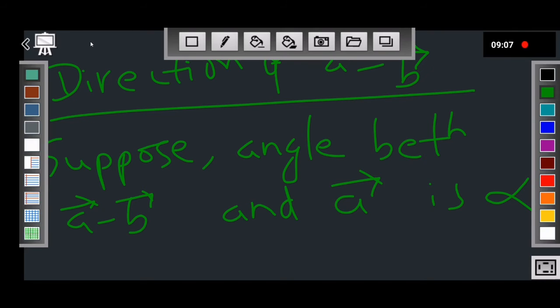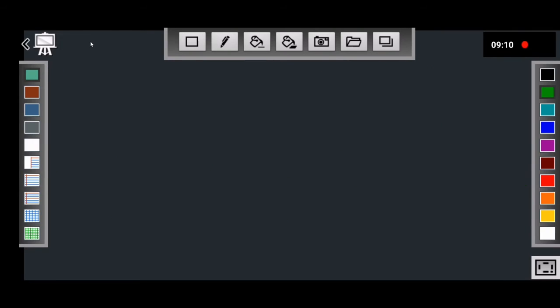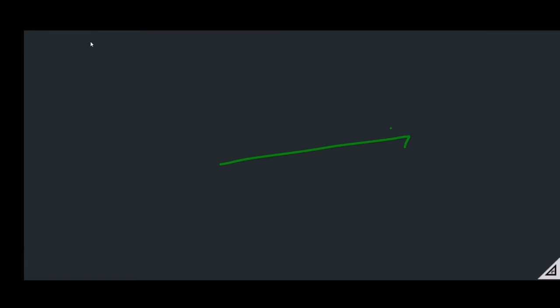Let's see in the figure what I mean to say. Suppose here we have a vector, then we have here b vector, then you know minus b vector is exactly in this direction.